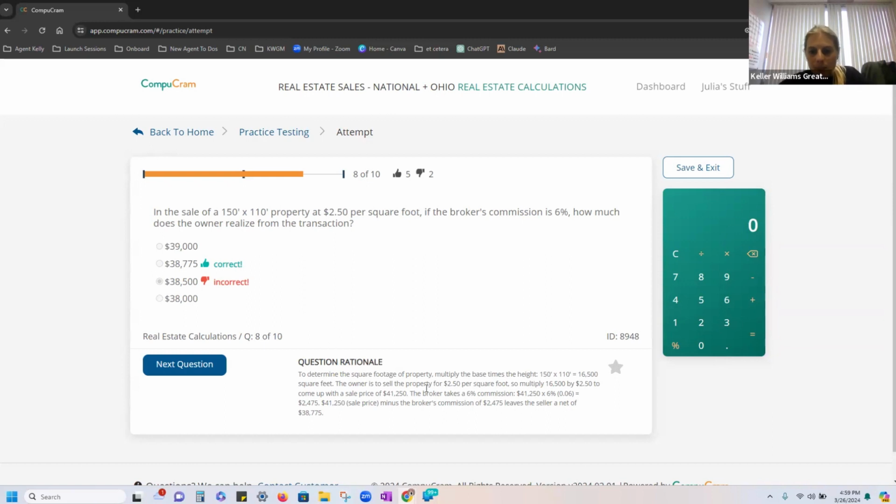$38,775. So what you want to do is multiply the 150 times 110, and that gets you $16,500. Right. And the owners sell property for $2.50 per square foot.